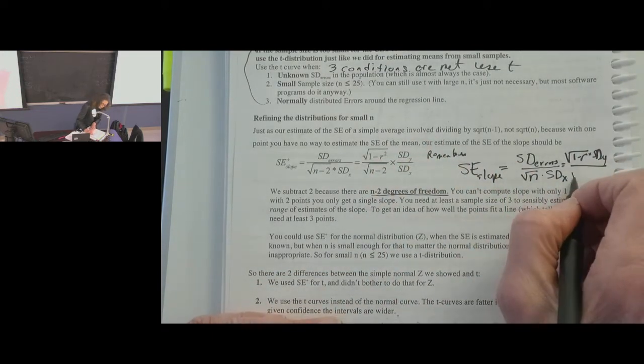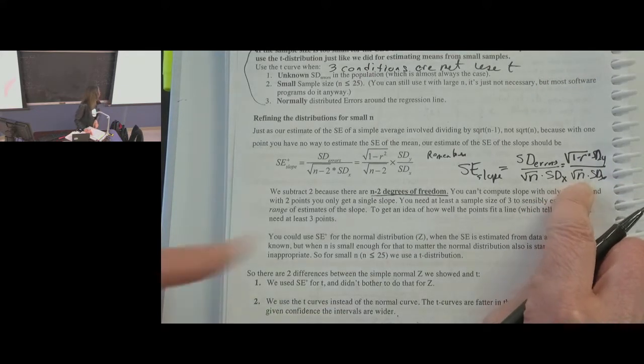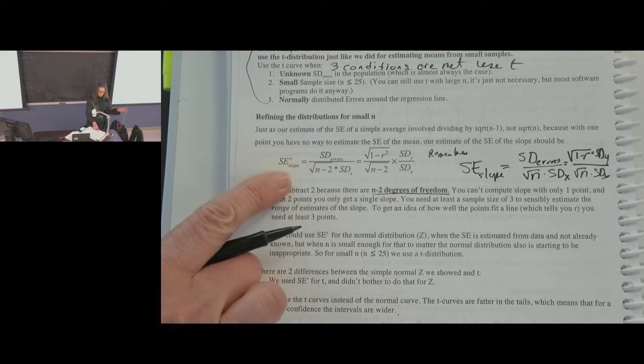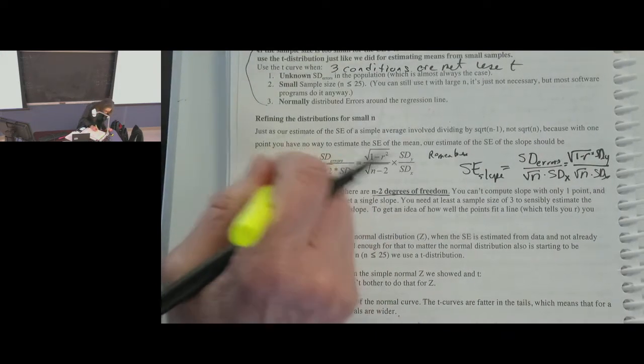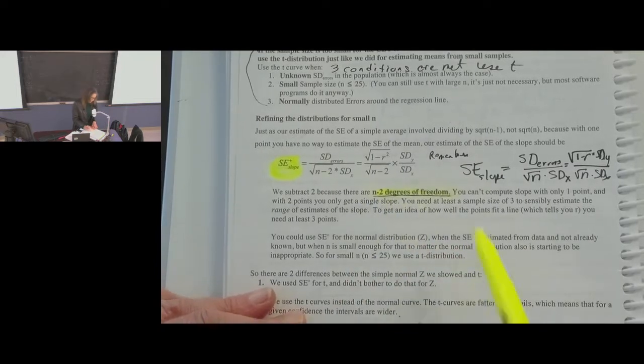And the only difference is in the denominator, we're subtracting 2 instead of the 1 we had before. That's the only difference here. That's because of this plus. We're making it bigger in the same way we did when we were doing the mean. All right. That's the idea. So we have n minus 2 degrees of freedom.